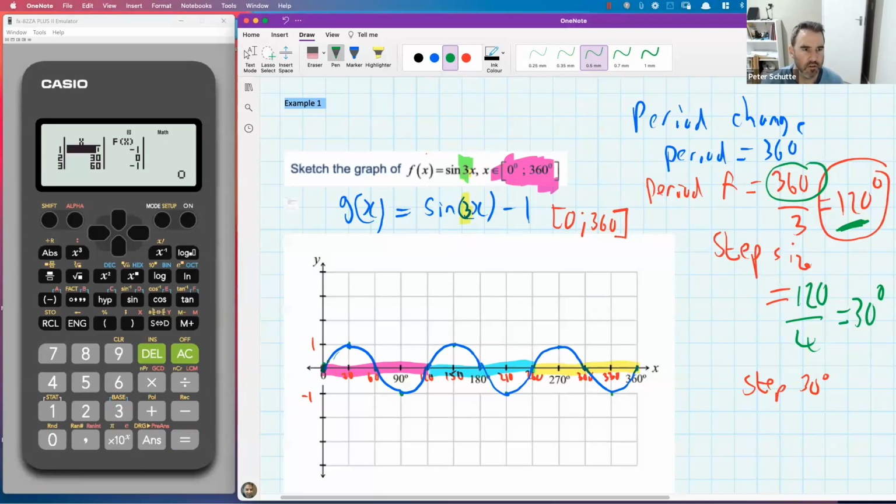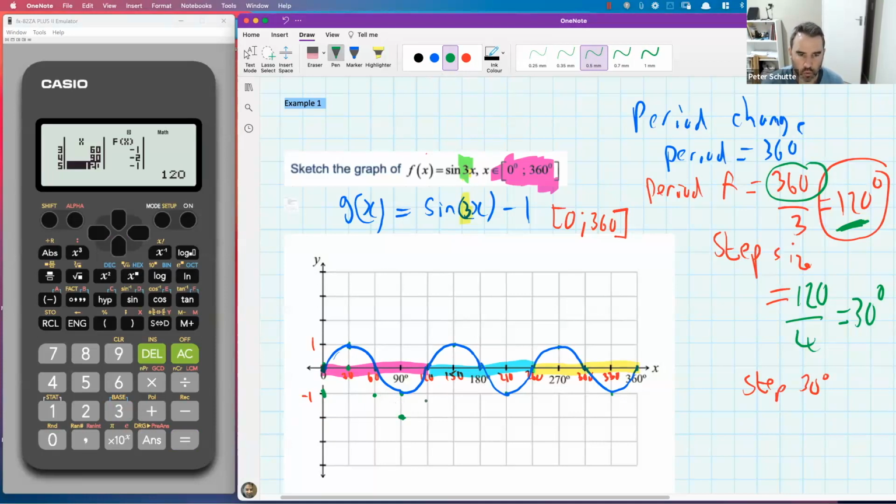So let's see what points I get. I get 0, -1. I get 30, 0. I get 60, -1. I get 90, -2.